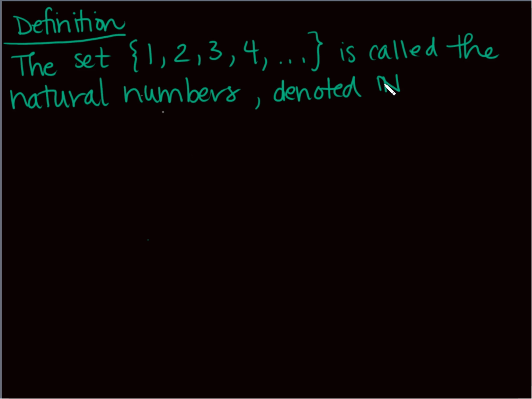So we use double lines and then an N, just like the real numbers you've probably seen expressed that way. We use bold letters to classify numbers, or talk about sets that classify numbers.